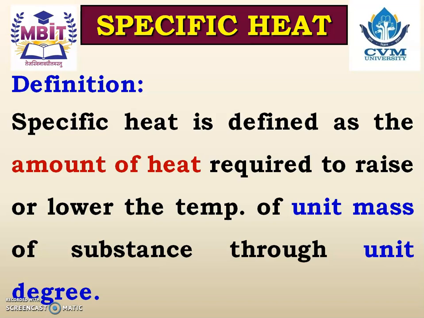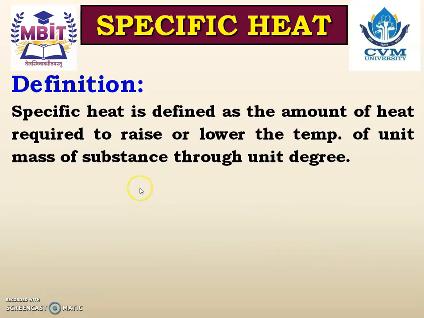So what is the condition? That we have to supply the heat to the system, and that system should have one unit mass, and the temperature of the system should increase or decrease by 1 unit degree. And whatever the amount of heat that we supply, or take back, is known as the specific heat.